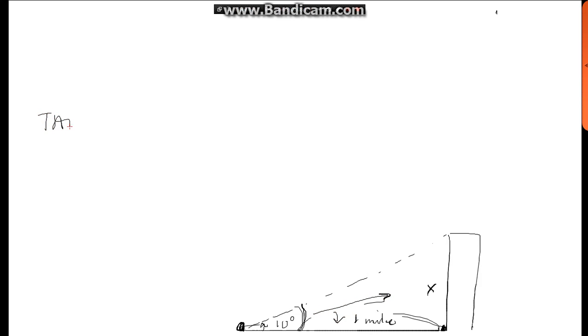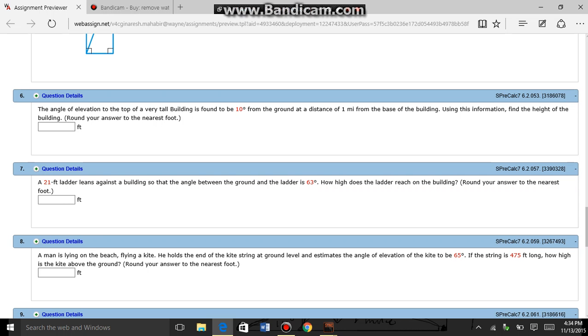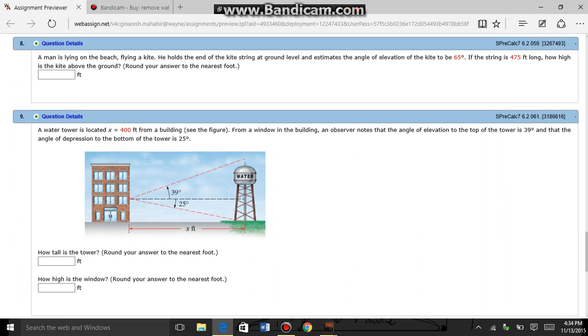Yes, you're correct, tangent. And you'll notice tangent is a big theme of this, because often when we have line of sight, we don't know how long this hypotenuse is. So tangent is literally the one you're going to use a whole lot. X over 1, so that is just going to be tangent. So x is just tangent of 10, and you have to plug this into a calculator, which I'll let you do, to approximate and stick it in WebAssign. That's pretty easy. Let's do one more that's got some meat and potatoes to it.